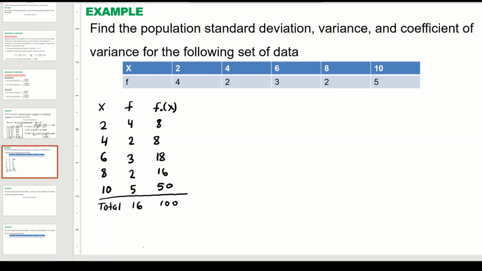So once we know this, your mean, this is the population mean, mu, if you remember the formula, is sum of f times x over n. Sum of f times x, when we add all these, we got 100. N is the total frequency, which we got as 16. So 100 divided by 16 is 6.25.